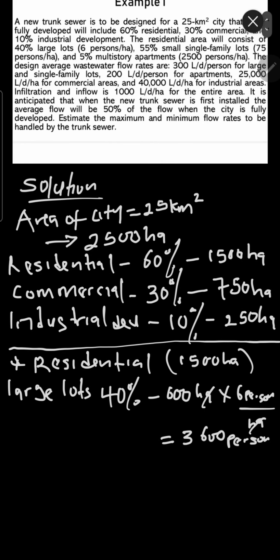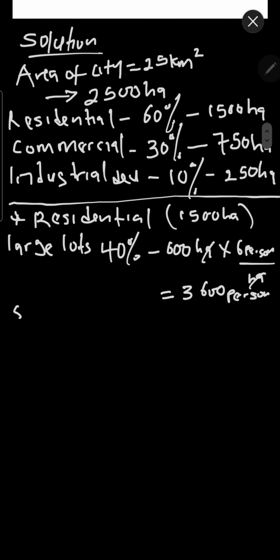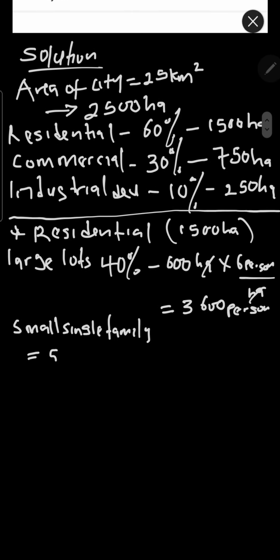Then we have the small single family lots. It's 55% of the 1,500.